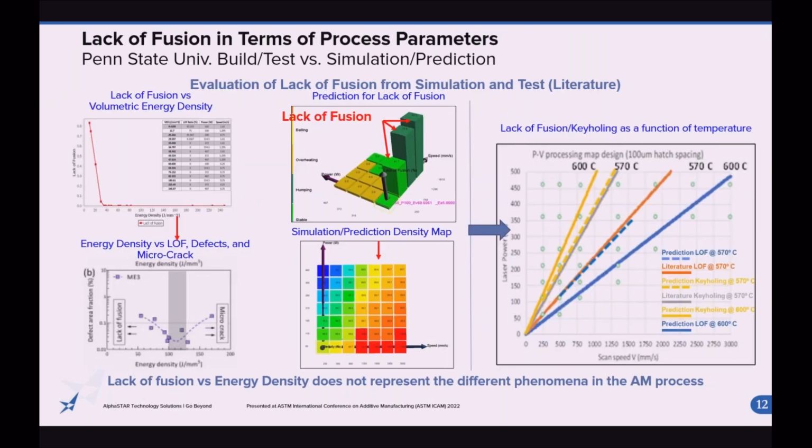The same analysis can be used to predict lack of fusion in the process parameters. So in the upper left, you can see we're comparing volumetric energy density versus lack of fusion. From there, very interestingly, we can generate what we call our virtual carpet plot, extracting that analogy from composite systems.